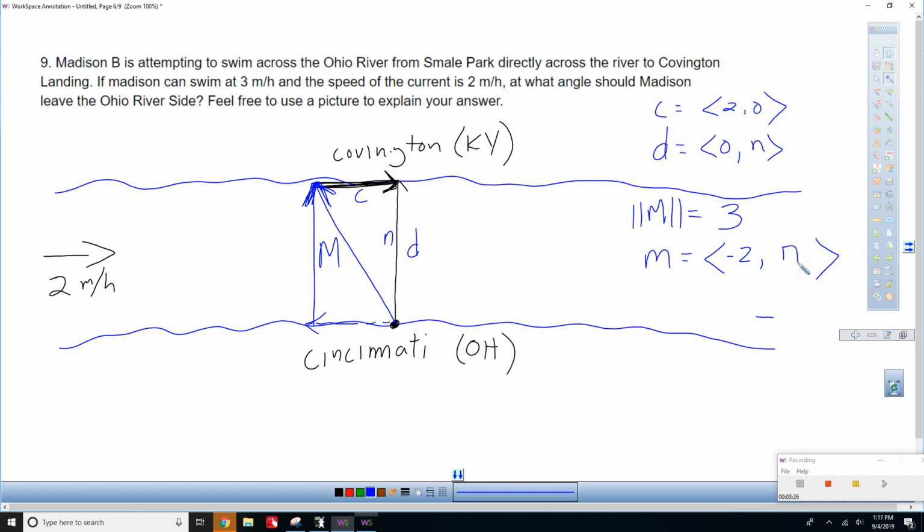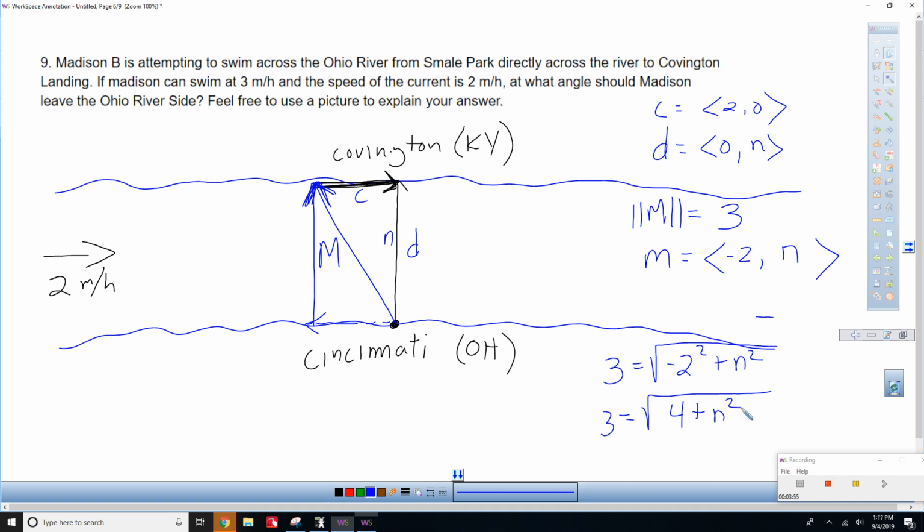Oh, this is going to be a completely different way to do it, but I think it's still going to work. So, we know that the magnitude of M is 3. So 3 equals the square root of -2 squared plus N squared. So 3 equals the square root of 4 plus N squared.